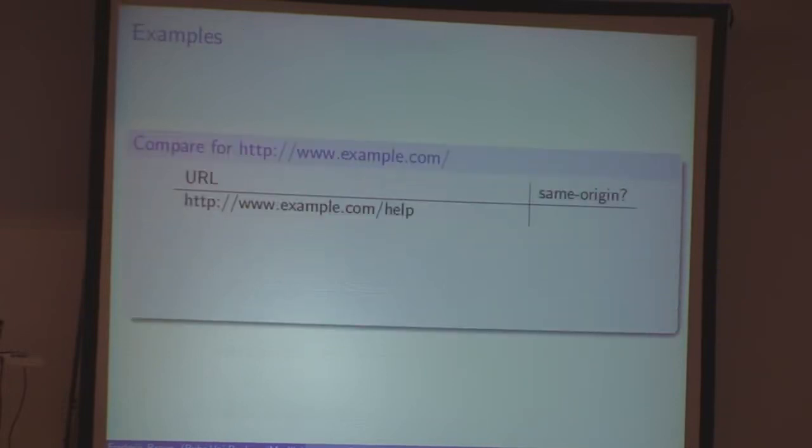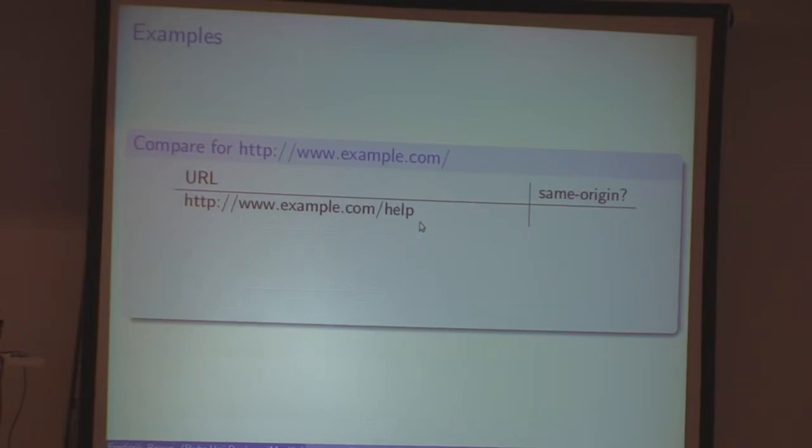First of all, a small interactive part where we walk through examples of how to compare the origins of two URLs and see if they are of the same origin or not. And we'll always compare for HTTP www.example.com. So the first URI we're comparing to is this one, HTTP www.example.com/help. I said it's an interactive part, so it's up to you to nod or shake your head.